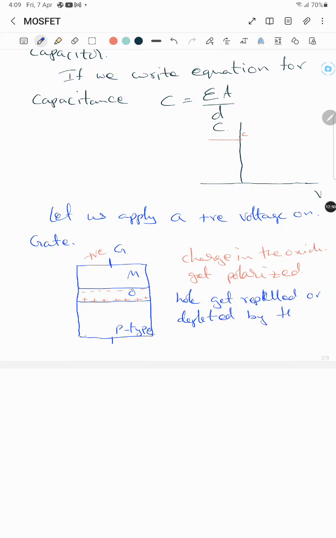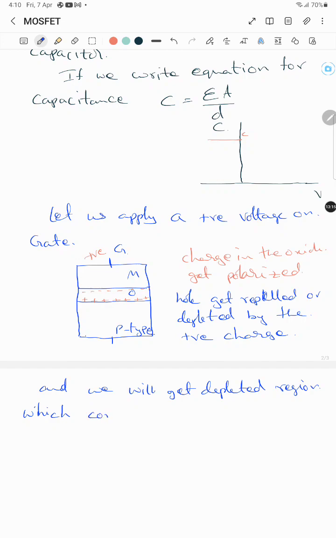by the positive charge, and we will get a depleted region which consists of only immobile ions.